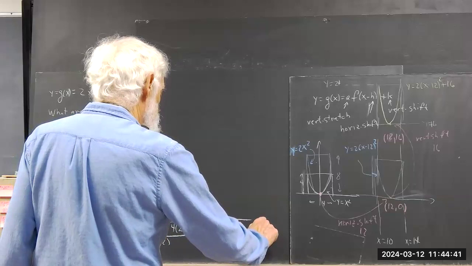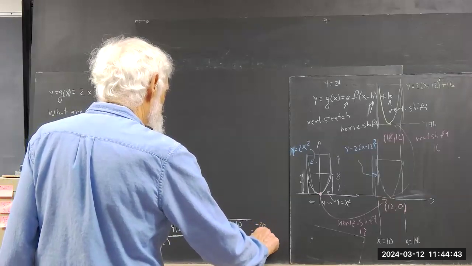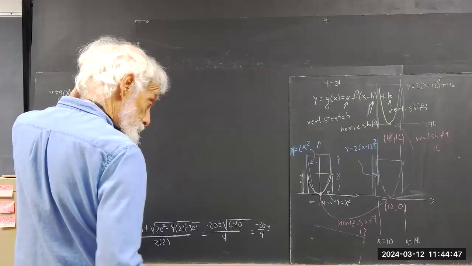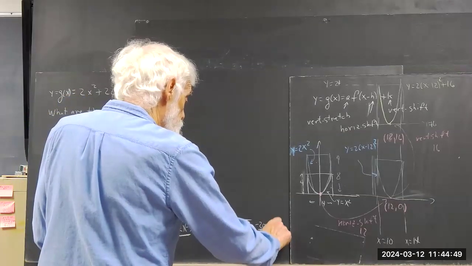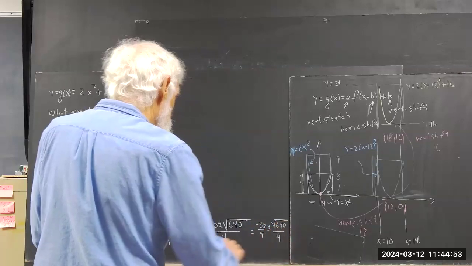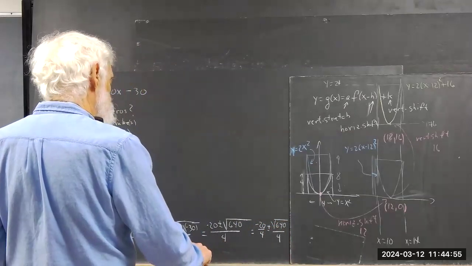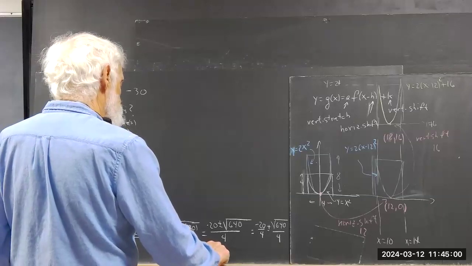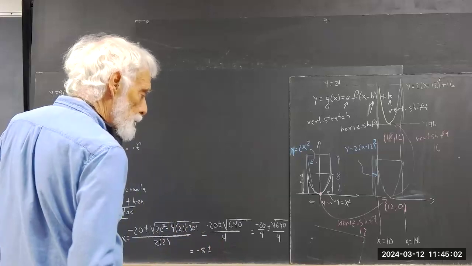And that equals negative 20 over 4 plus or minus square root of 640 over 4, which equals negative 5 plus or minus the square root of what?